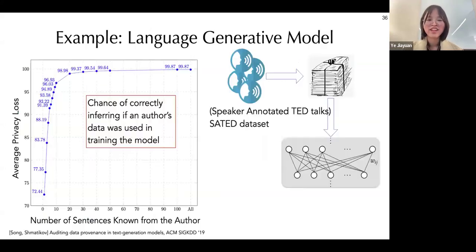Yeah, so as the first example, this is a paper that is performed on models trained on speaker annotated TED Talks. Of course, it's not a sensitive data set, but it's just illustrating how membership inference is possible in this generative model setting. In this case, the number of sentences known from the author really matters. As it increases, the attack becomes more and more successful because it can use all these sentences for making the attack decision.